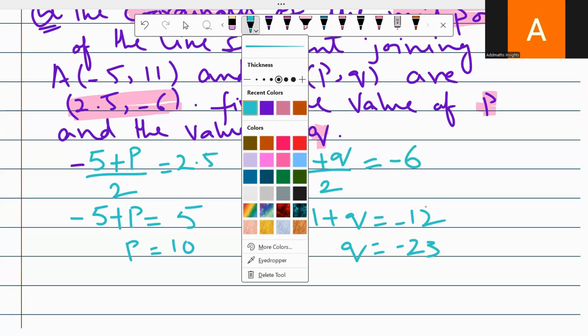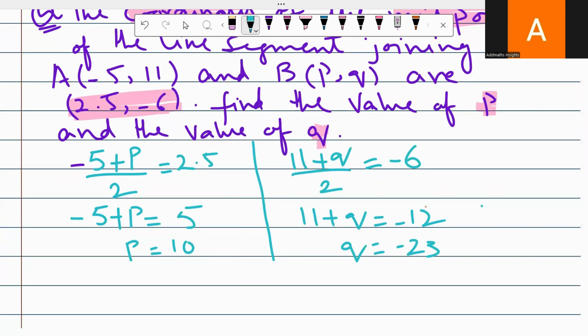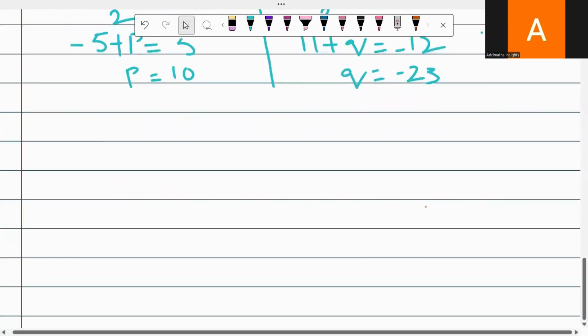Secondly, you will learn the application of the formula of the distance between 2 points, or the length of a line.